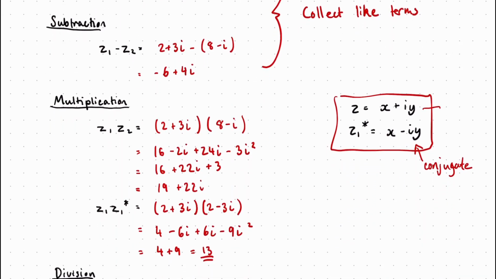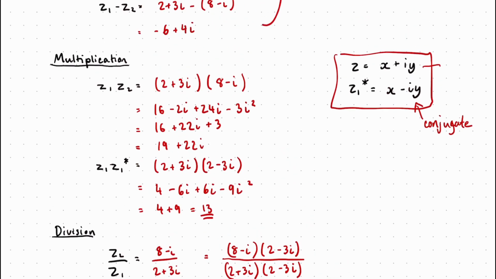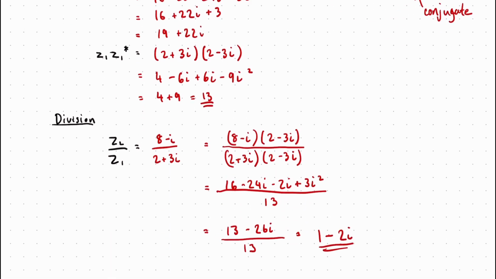Multiply, treat it like an algebraic expansion, and then just deal with the fact that you get i squareds at times, or things with i's that cancel out. Conjugate: if z is x plus iy, the conjugate is x minus iy, just the negative of the imaginary part. And for division, you need to use a conjugate: multiply top and bottom by the conjugate.